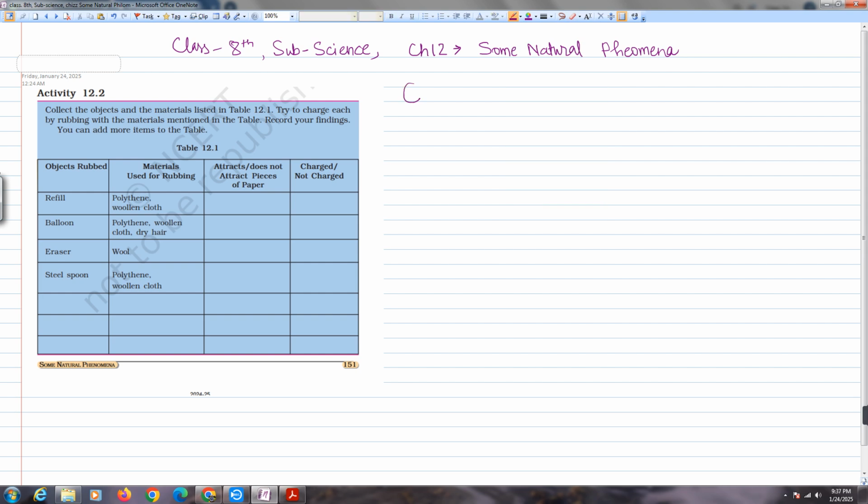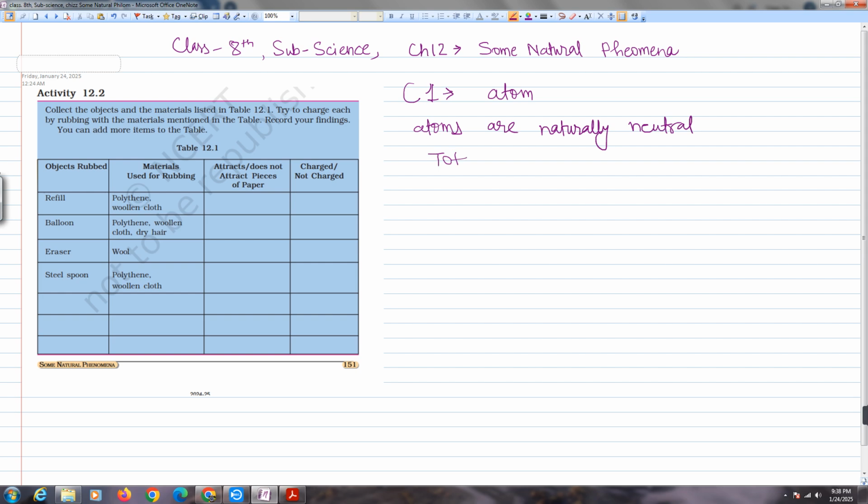In column 1, whatever materials are written, all the materials are made up of atoms, and we know that atoms are naturally neutral. So what does it mean? Atom is naturally neutral.